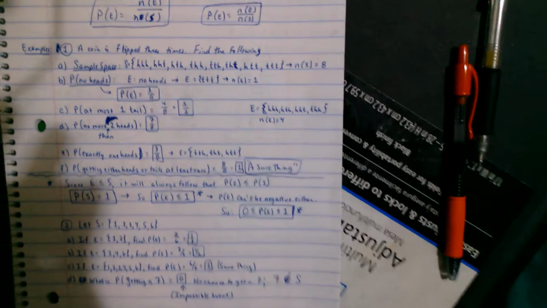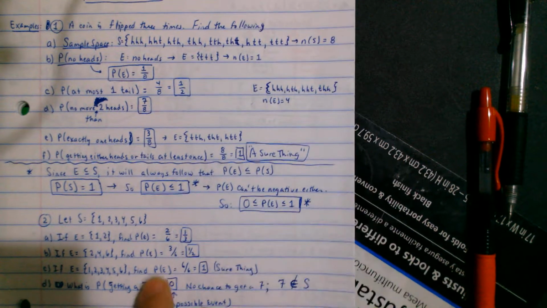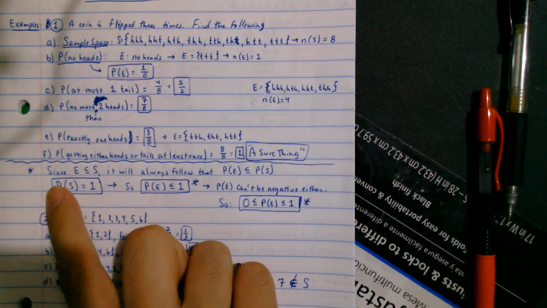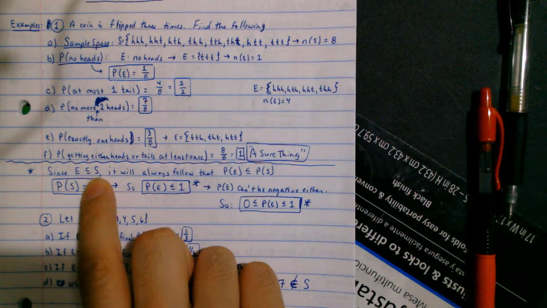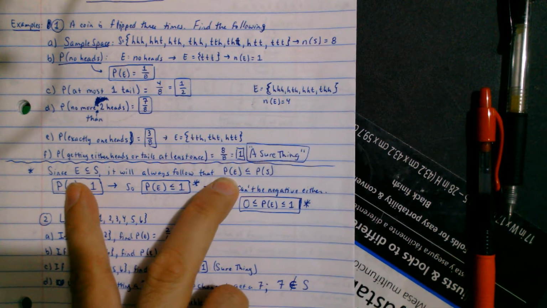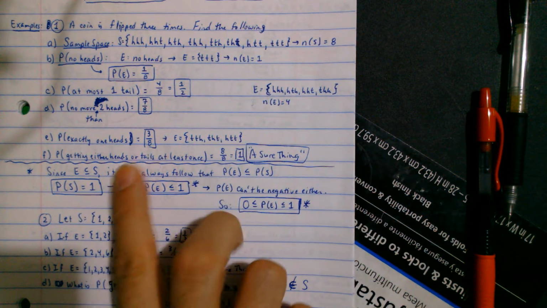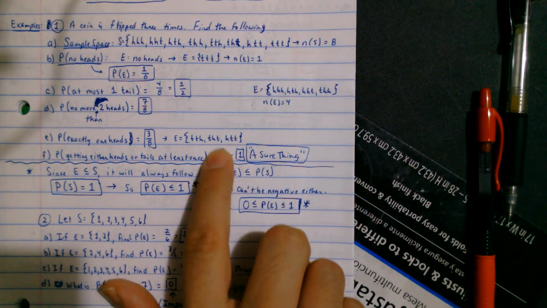And then kind of going a little further with this, more theory here. Since an event is a subset of the sample space, the probability of any event is going to be less than or equal to the probability of the sample space. Because the sample space is going to be 8 out of 8 no matter what.